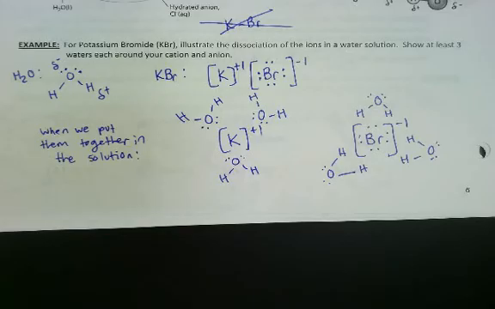What questions do y'all have about that? So we essentially just talked about 3 different scenarios in terms of things dissolving today. That's what we spent a lot of time today talking about, 3 different scenarios of things dissolving or not dissolving.